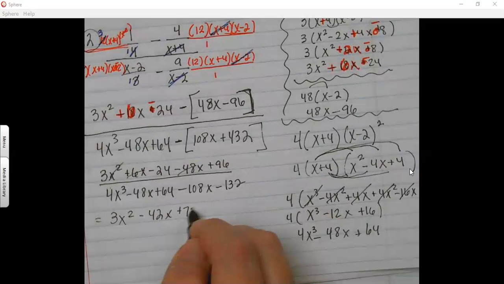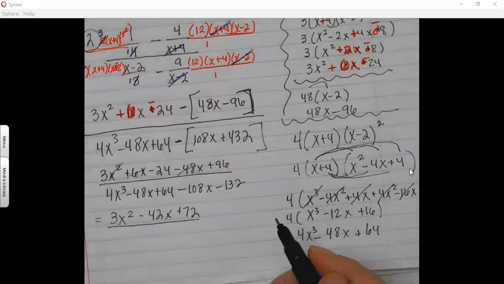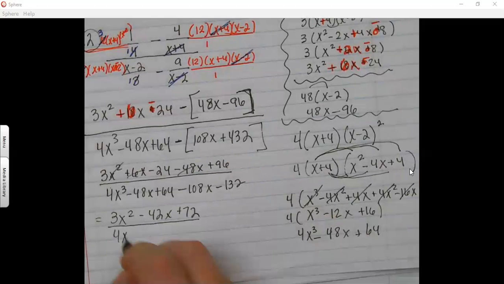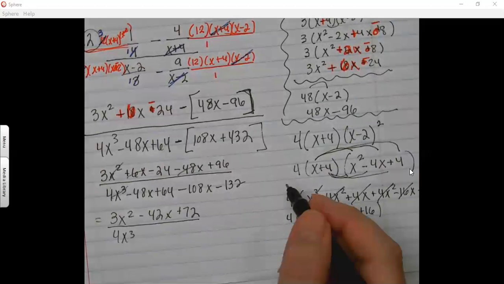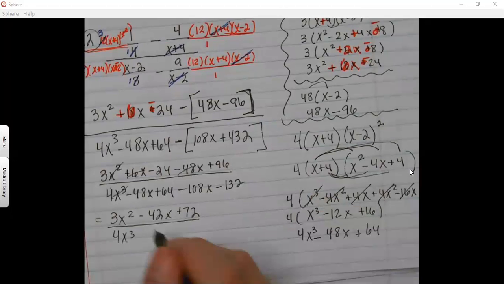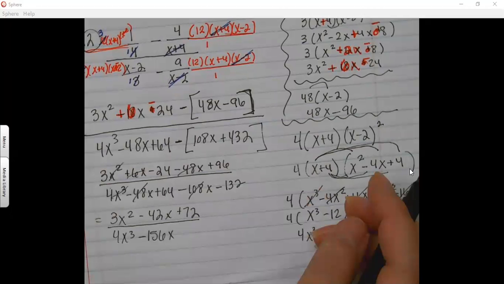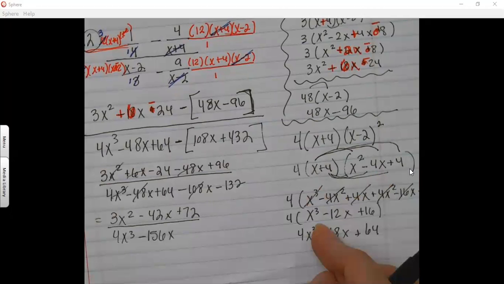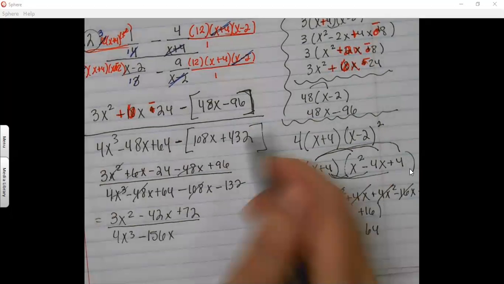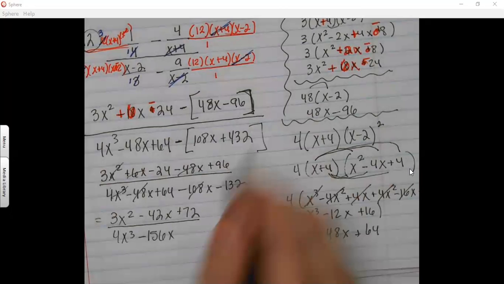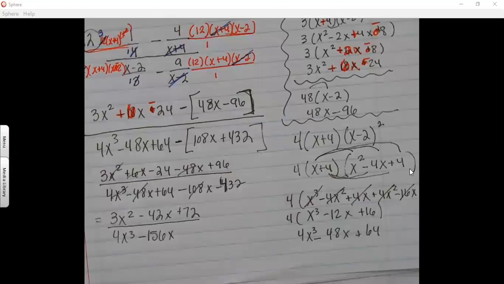And in the denominator, I get 4x cubed minus 156x minus, that's a 432. Minus 432. That makes a difference. I wrote it down wrong. So 64 minus 432 is minus 368.